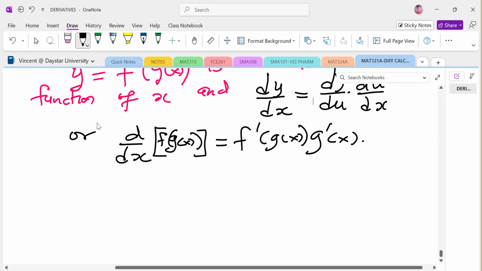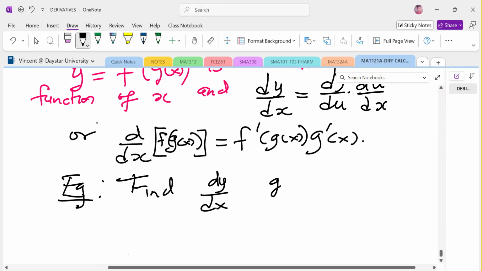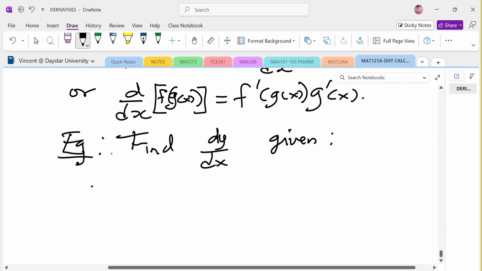So for example, find dy dx given y equals x plus 3 power 10.